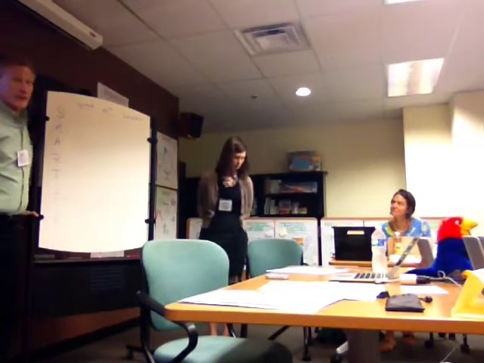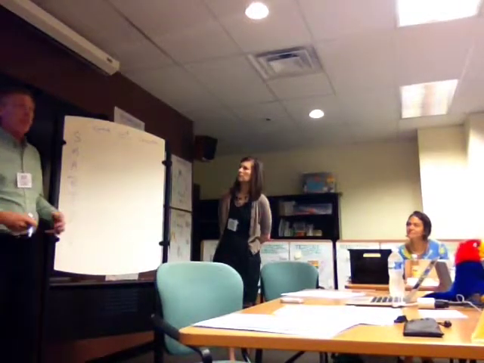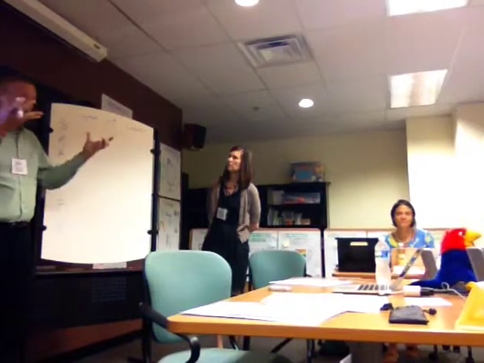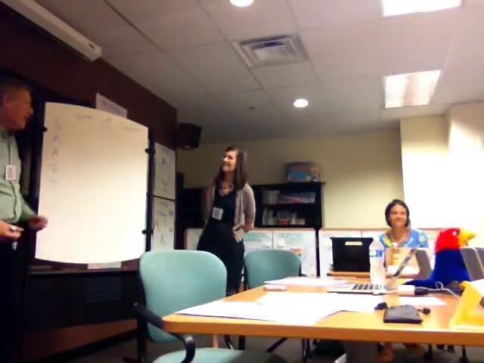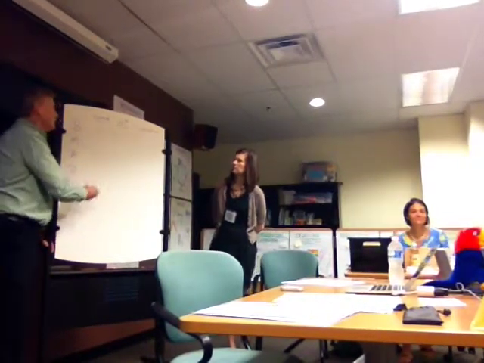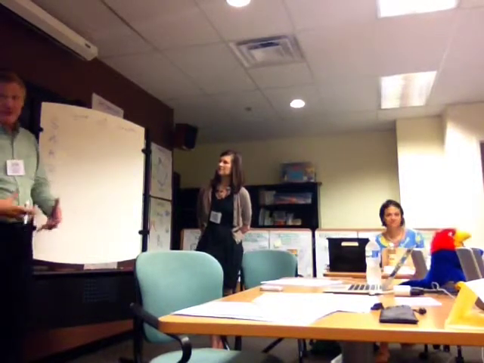Okay? So not only are we thinking about a process where we think about the beginning of instruction all the way through assessment and evaluation, but we're also thinking about how that process moves from the course to the unit to lesson, because it's repeated. It's just at different levels.